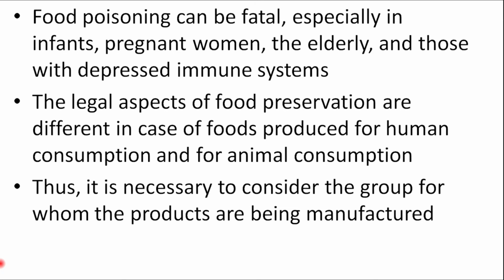And also, the legal aspects of food preservation are different in the case of foods produced for human consumption and for animal consumption. Therefore, it is necessary to consider the group for whom the products are being manufactured.